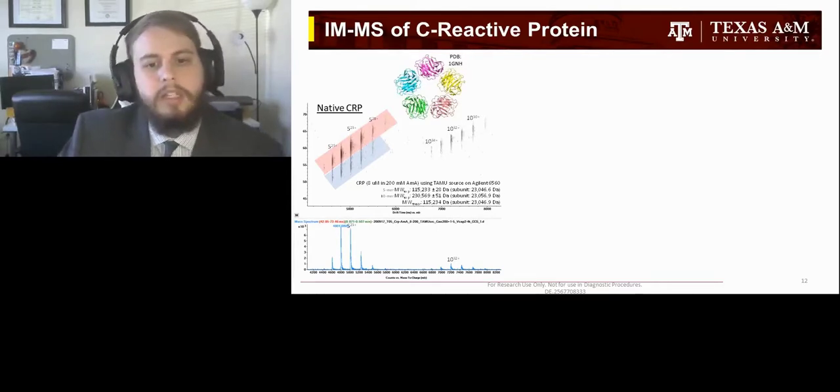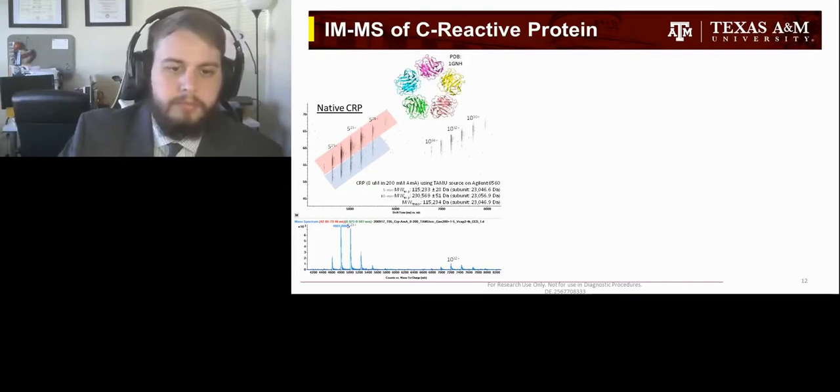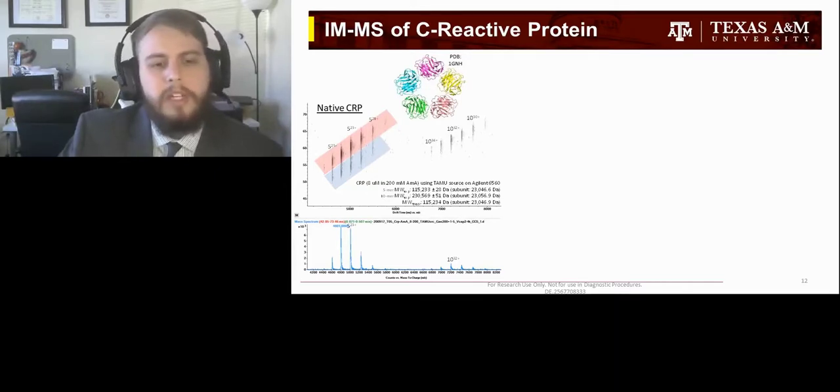In general, the subunit molecular weights agree really well with our theoretical molecular weight of the subunit of around 23,047 daltons. And we can start to see in the mobility domain that we actually have two conformers. We have this compact conformer highlighted in blue, and an extended conformer highlighted in red.